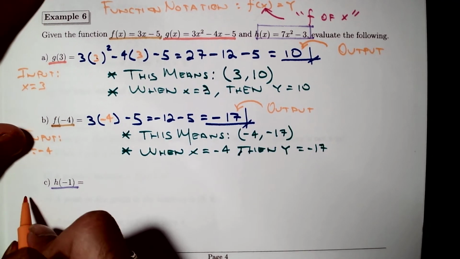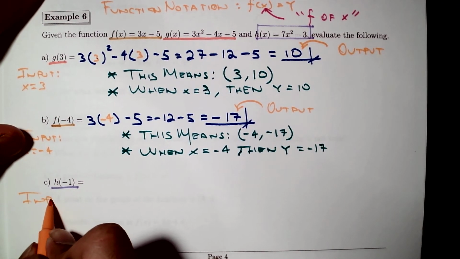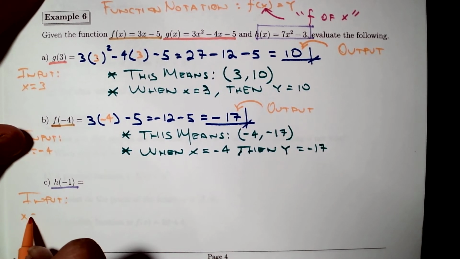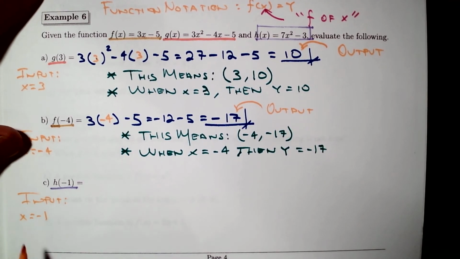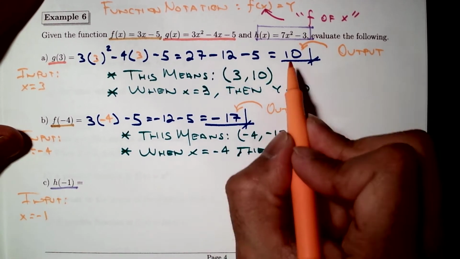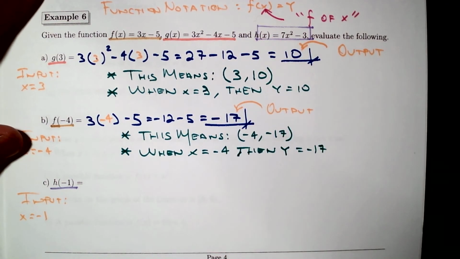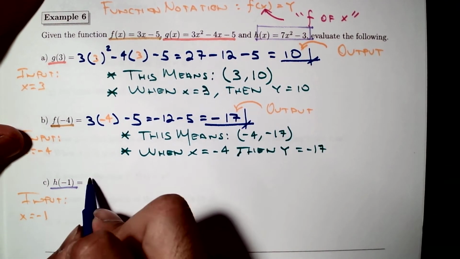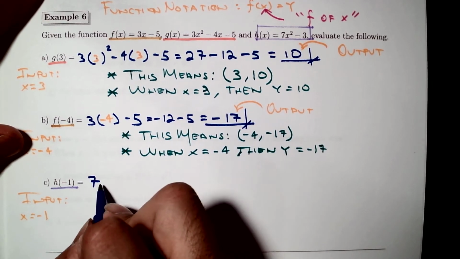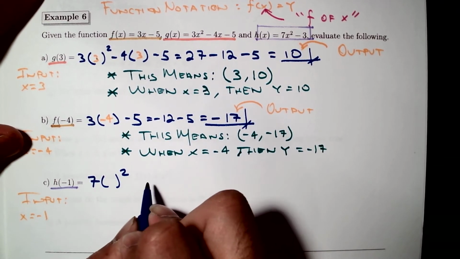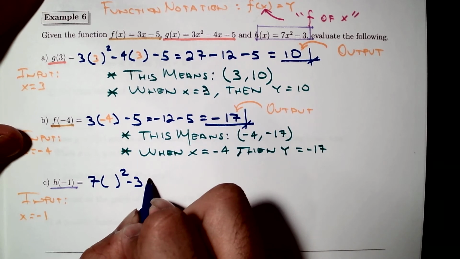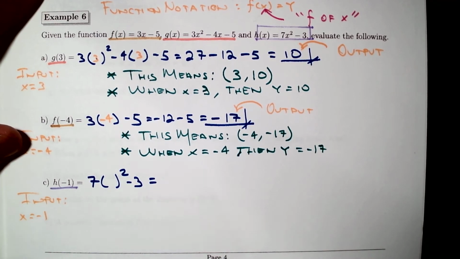Well, the input is x equals -1. So we are going to plug in -1 wherever we see the letter x in the function, that is only here. So 7 times the quantity squared minus 3 equals, plug in -1.